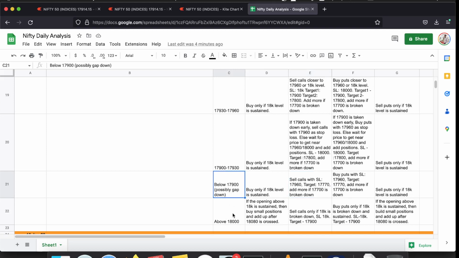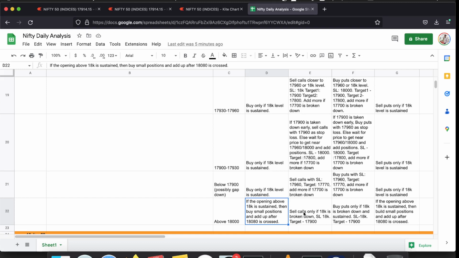And in the case that Nifty opens above 18,000, then definitely see whether 18K can be sustained. Because today also Nifty opened above 18,100, but it couldn't sustain it. It immediately came crashing down. So only if 18K is sustained, initiate small long positions, and then add as Nifty breaks other resistances.